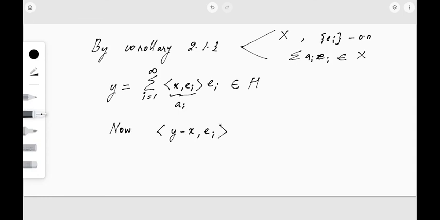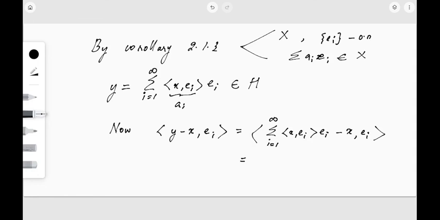x is an element of H and y is again an element of H. Let me see, what is y? Y is nothing but summation i equal to 1 to infinity inner product x e_i, minus x comma e_i inner product. So I am going to split this up.